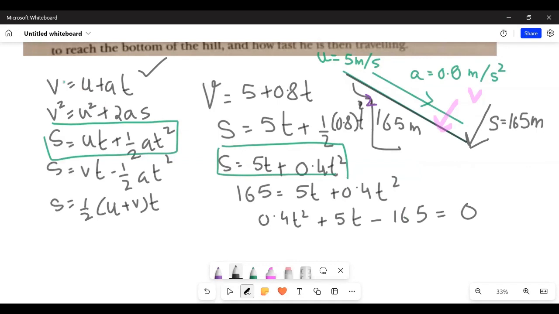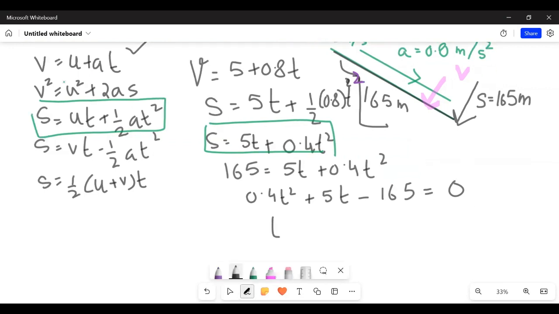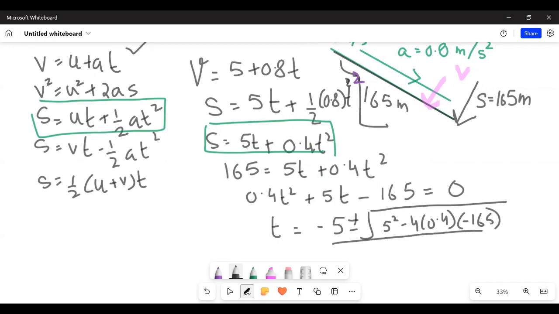Apply the quadratic formula here: t equals minus b plus or minus the square root of b squared minus 4ac, upon 2a.